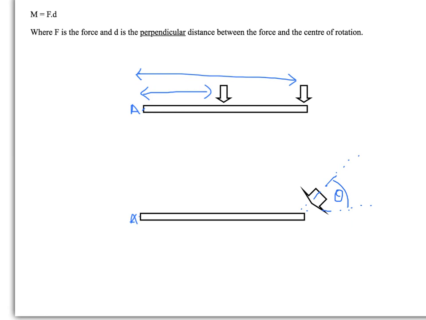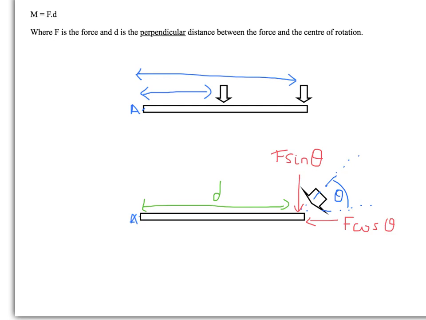So if we model it as a force like that and a force like that, this force is going to be F cosine theta, and this one here is going to be F sine theta. And again, let's put in the distances here. We're going to call this D.